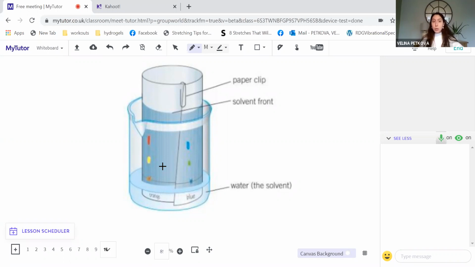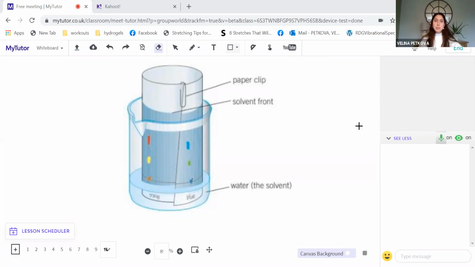So we dot on our line. Firstly, we start off by drawing a line. Can people tell me why the line must be drawn in pencil? Why must you use pencil to draw this first line? Yeah, brilliant. I can see some really good answers.